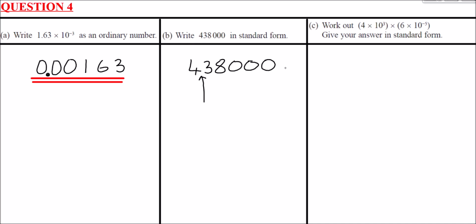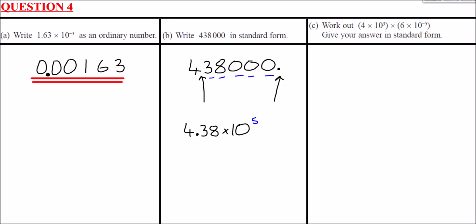Well, the decimal goes at the end. So how many digits are in between where the decimal needs to go? It needs to be at 4.38, and where the decimal actually is. Well, there's 1, 2, 3, 4, 5 digits in between, and that tells us the power of 10 we need to multiply by. So our answer in standard form is 4.38 times 10 to the power of 5.